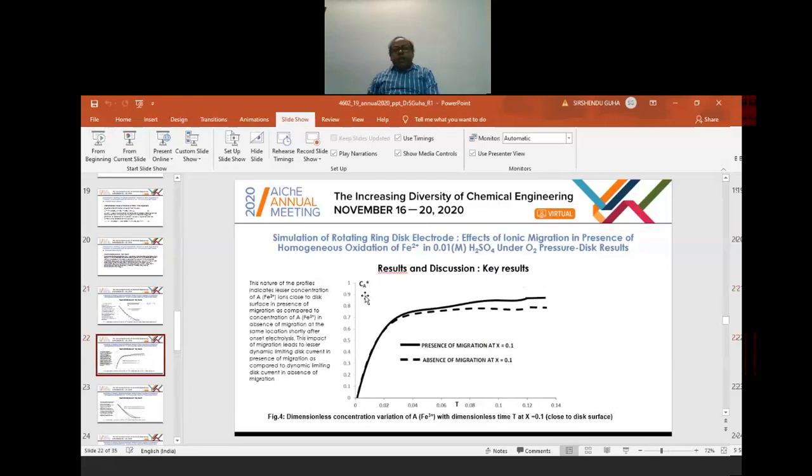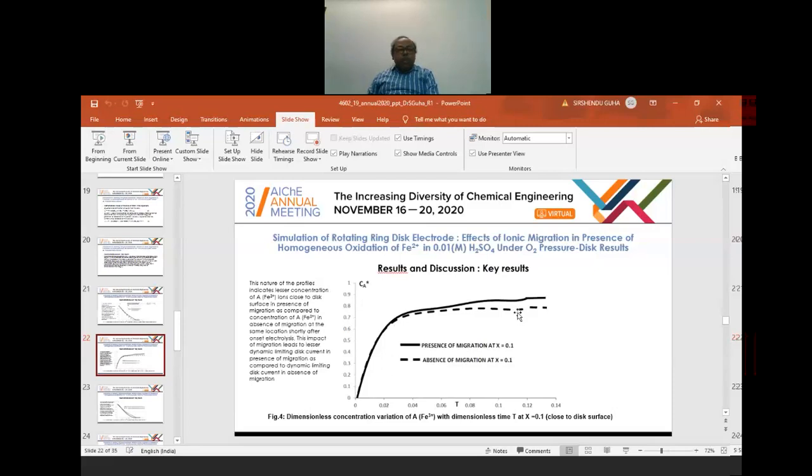Now, in figure 2 the dimensionless concentration of A is plotted with the dimensionless time, and the effect of migration is also visible. That is, the dimensionless concentration of A is always higher from T equal to 0.02 onwards than the dimensionless concentration in absence of migration.